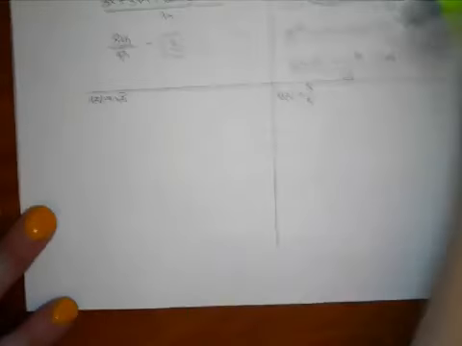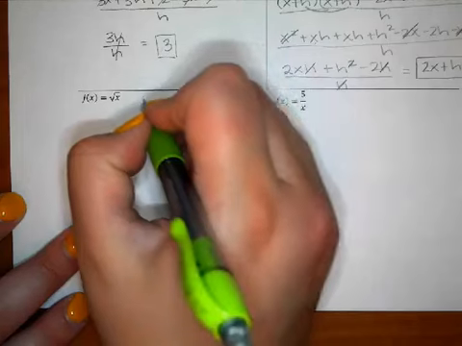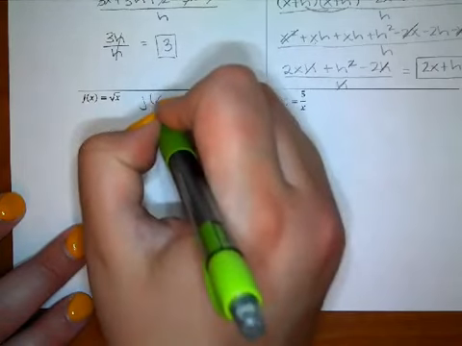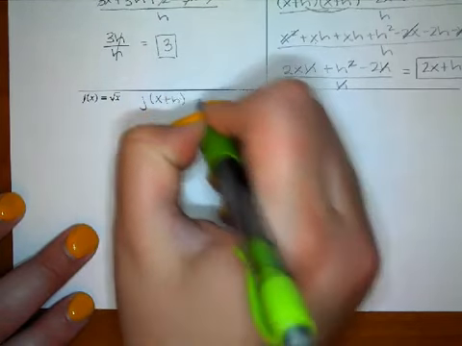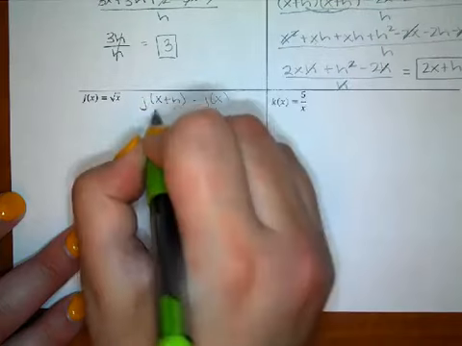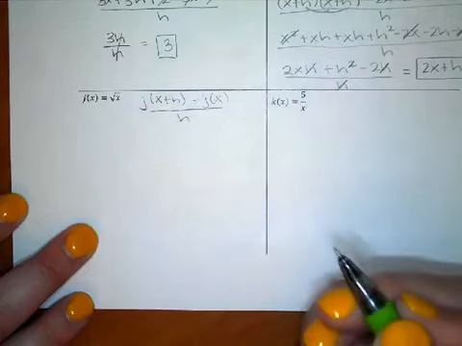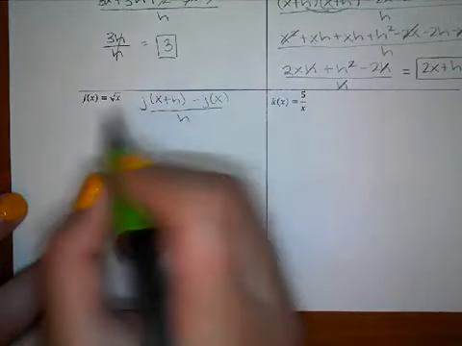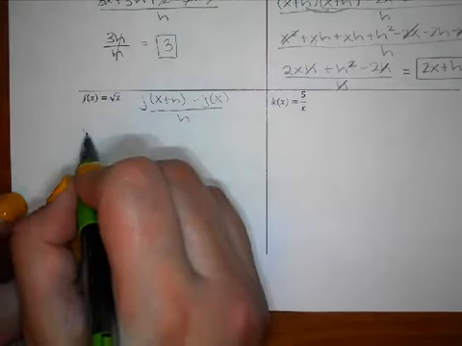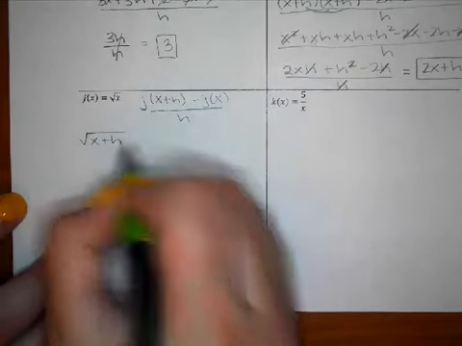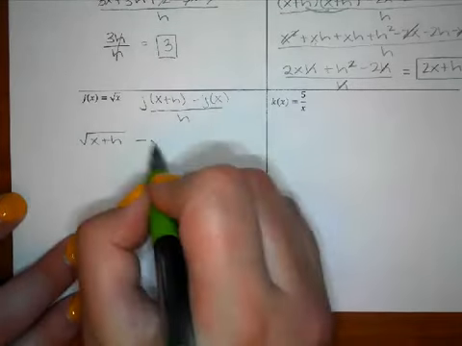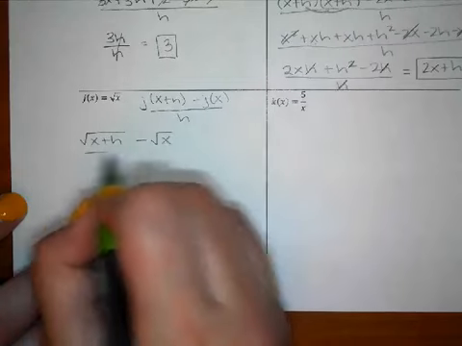All right, let's look at the next one. So this one says j of x plus h minus j of x divided by h. All right, so I'm going to take the function, I'll plug in x plus h minus the function itself over h.